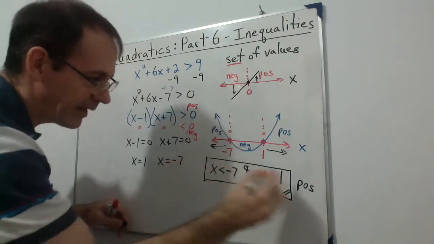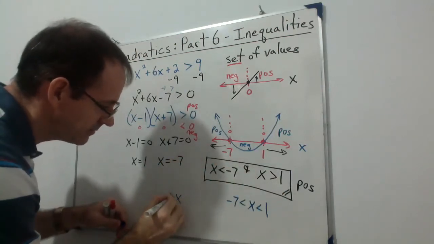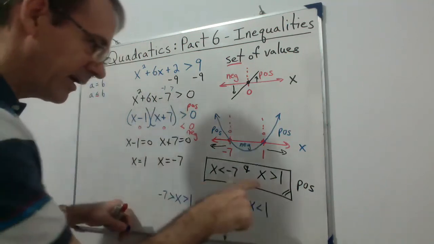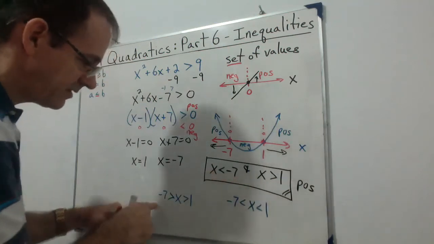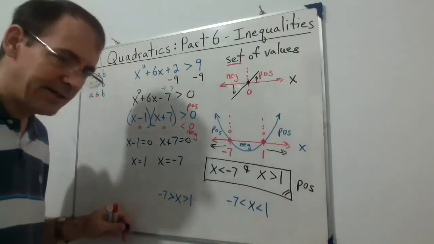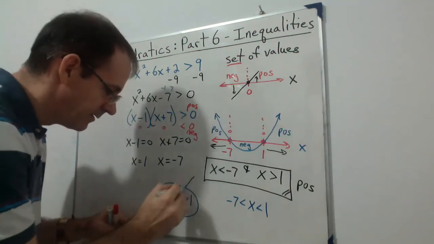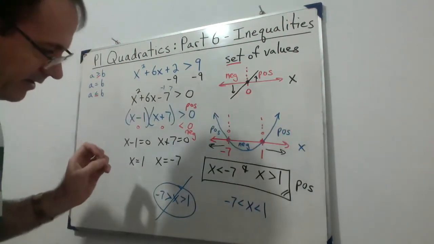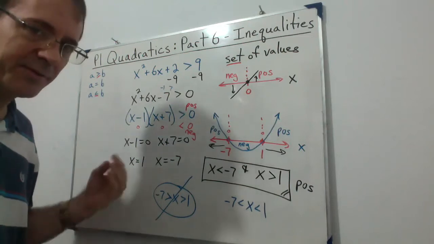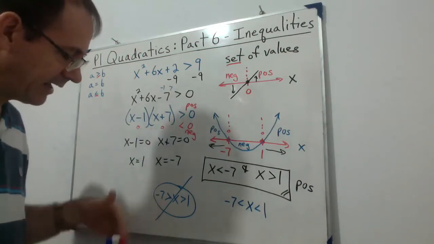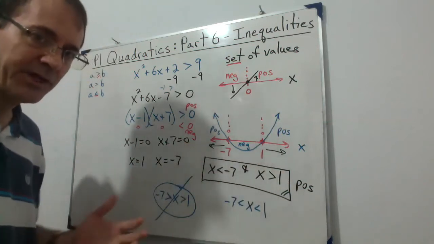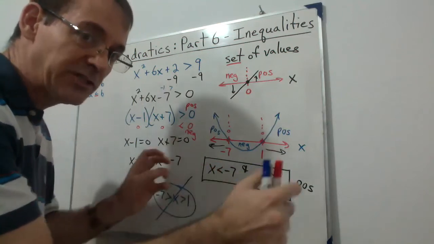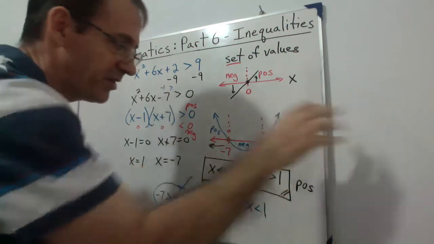Some students try to write this up here like this. You look at it, x greater than 1, x less than -7. Unfortunately, you cannot write it like this. It's not the proper way to write this statement. The reason is that this is kind of like an or statement, meaning you can have this or you can have this.